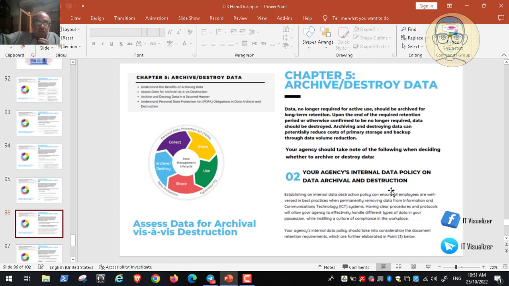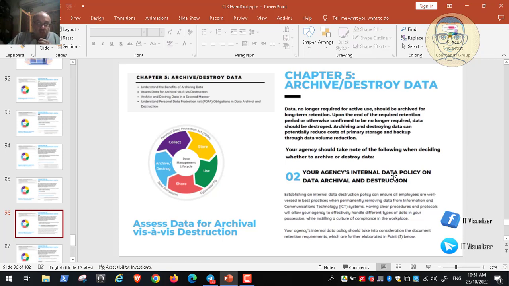Anyway, this is called regulatory obligations. Sometimes the government forces you to archive your data for a certain amount of time. So this depends upon your agency internal data policy on archival and destruction.